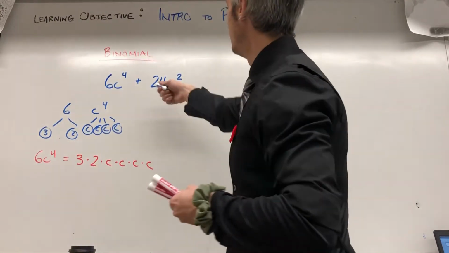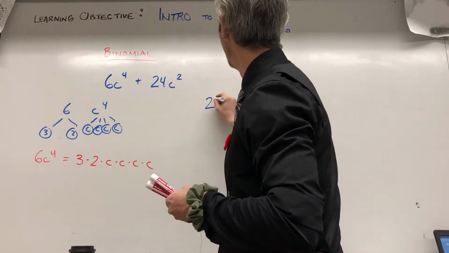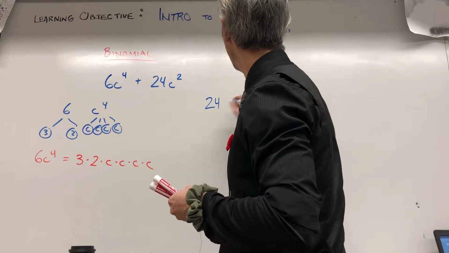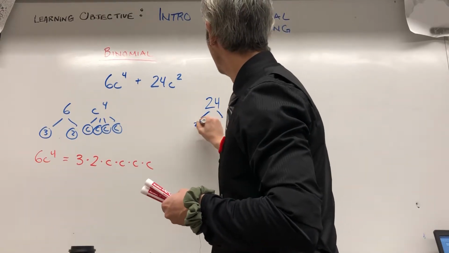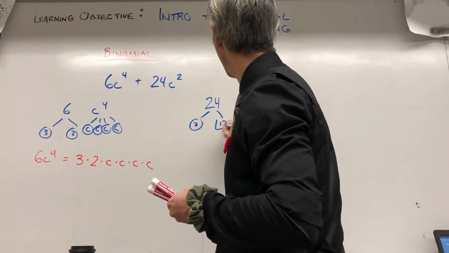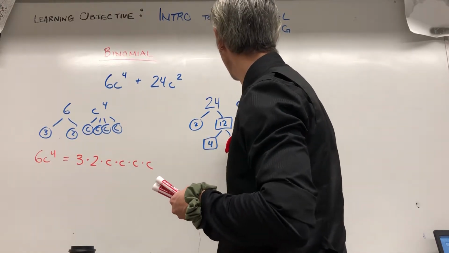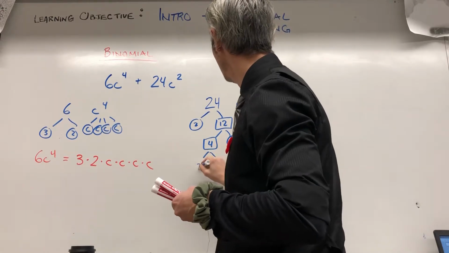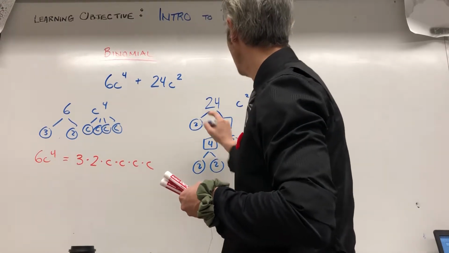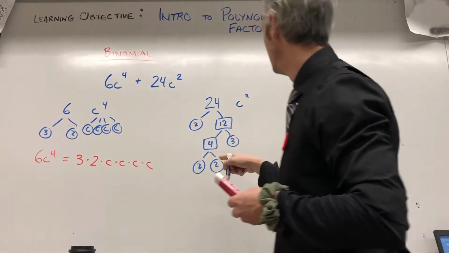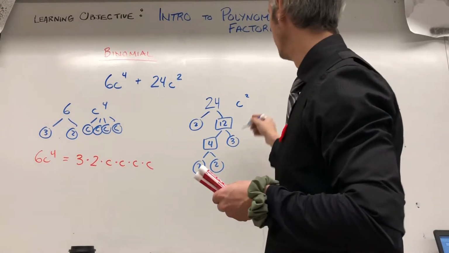And then I do the same thing with the 24 here. So 24 and c squared. So 24 gives me 2 and 12. Not done. 12 gives me 4 and 3. And 4 gives me 2 and 2. 2 times 2 is 4 times 2 is 8 times 3 is 24. So that's that.